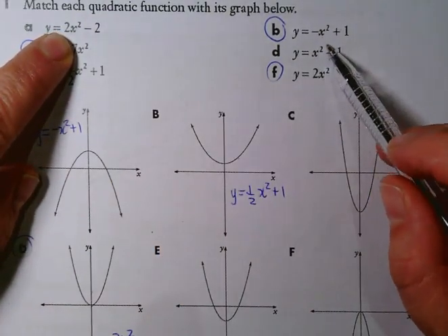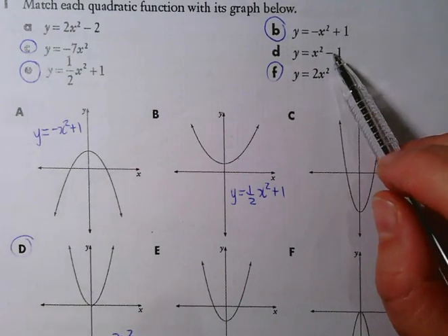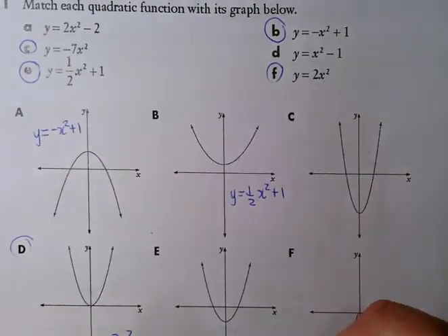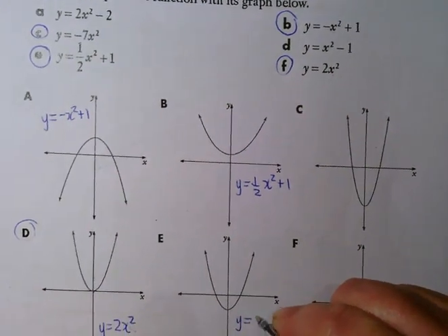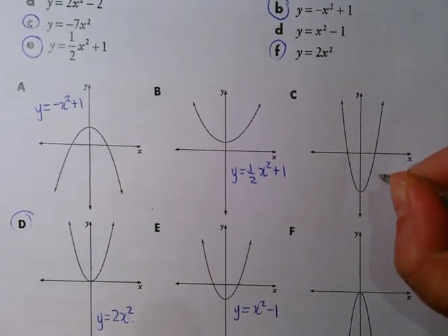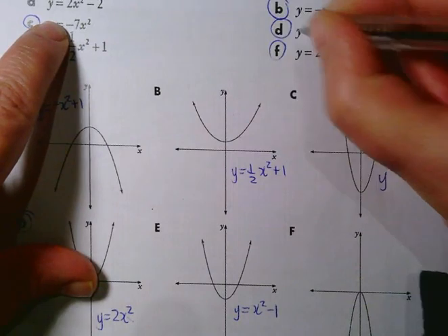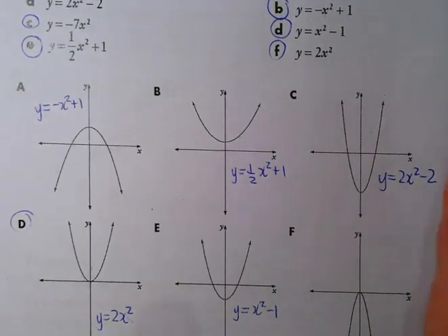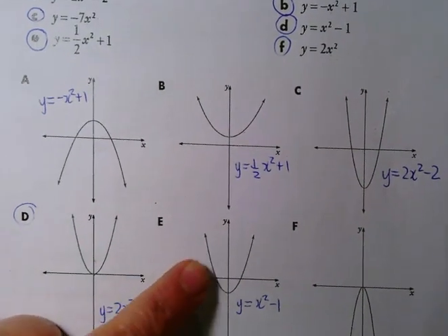And this is just x squared minus 1. It's just your normal regular width and just shifted down 1. So E should be y equals x squared minus 1. And C should be y equals 2x squared minus 2. Okay, it's narrower and it's shifted down more compared to this one.